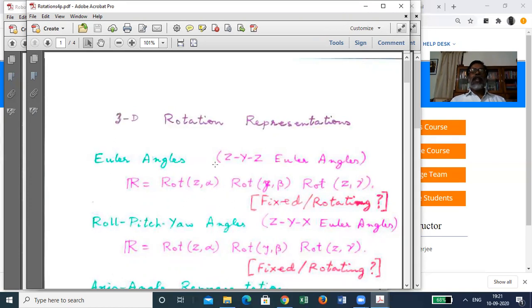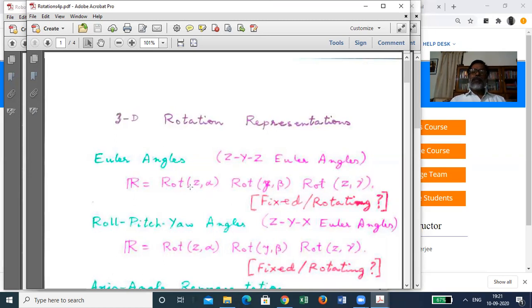Now ZYZ Euler angles is first a rotation about the z-axis through some angle gamma, and then a rotation about the y-axis through some other angle beta, and finally again a rotation about the z-axis through an angle alpha.